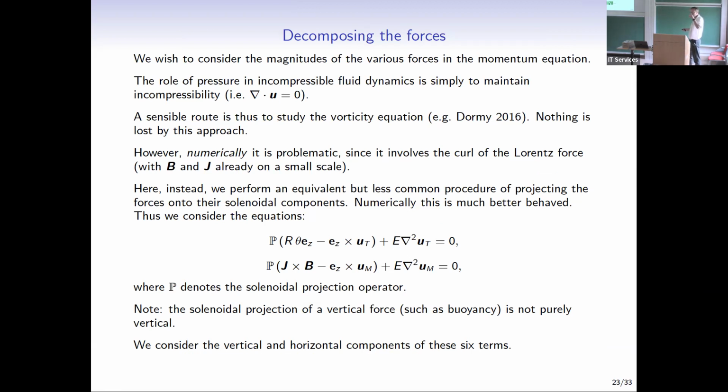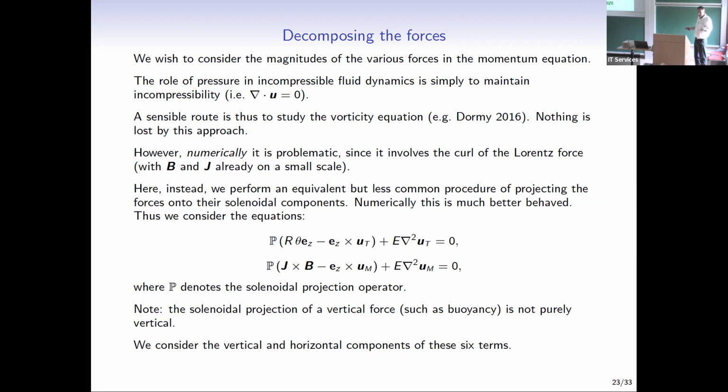And why that's much better behaved in a spectral code: the projection operator looks like something like identity minus k_i k_j over k squared. There is no big k's floating around. So that's a much better behaved operator. So that's what we do. We consider the two equations where we project them.